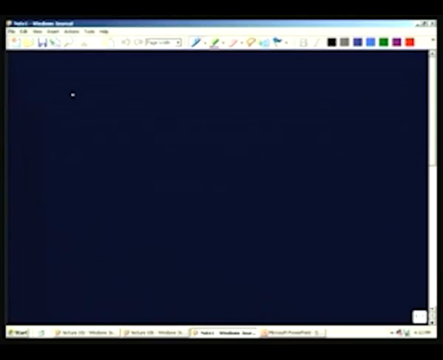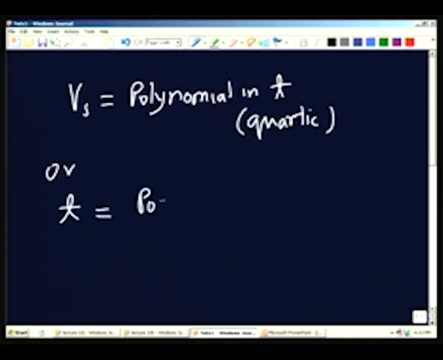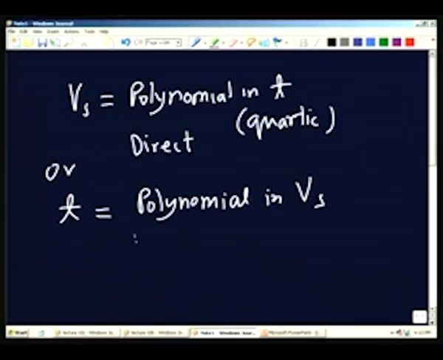If you remember, we had Vs equal to a polynomial in T. We had a quartic, that means the polynomial was degree 4. We can also have T equal to a polynomial in Vs. We can call this the direct relationship, and this the inverse relationship.